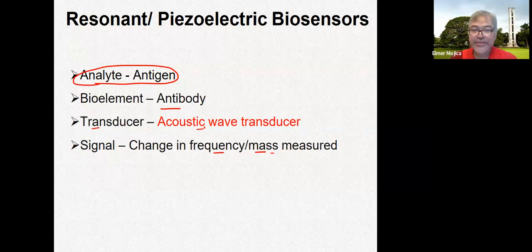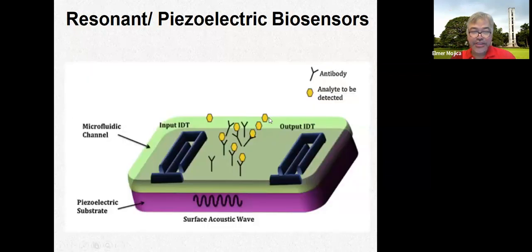Okay. So if you're going to look at this the way that they do, so this is your surface acoustic wave. So you have a piezoelectric substrate there. So they put the antibody there. So usually it's a microfluidic channel. So they input the thing here. So when it passes through there, any analyte would bind with the antibody.